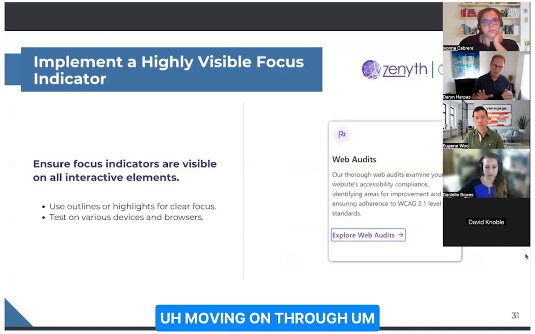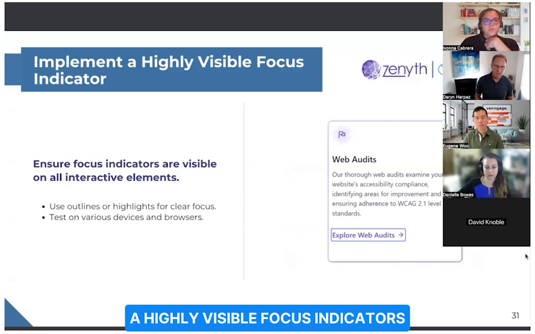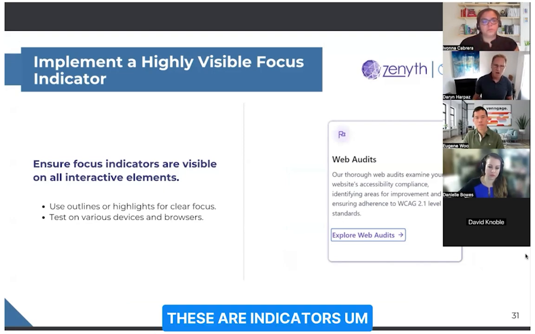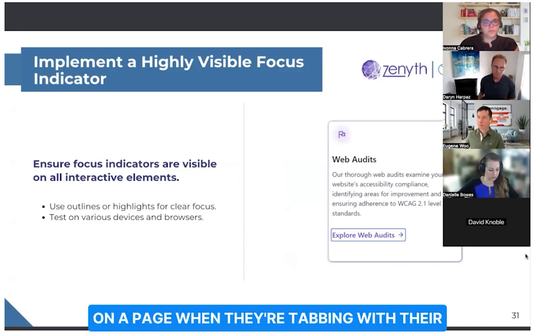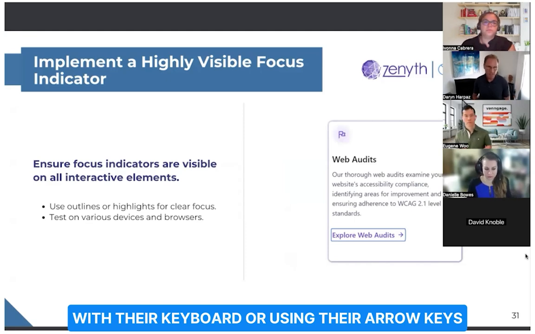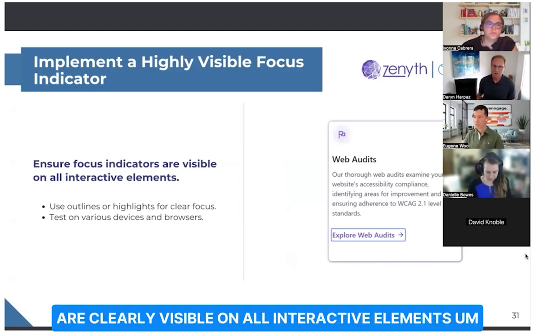Moving on through some of these points, we also want to focus on highly visible focus indicators. These are indicators that allow us to have visual cues to show where the user is on a page when they're tabbing with their keyboard or using their arrow keys. It's very important that these indicators are clearly visible on all interactive elements.